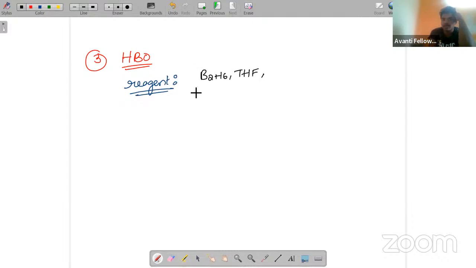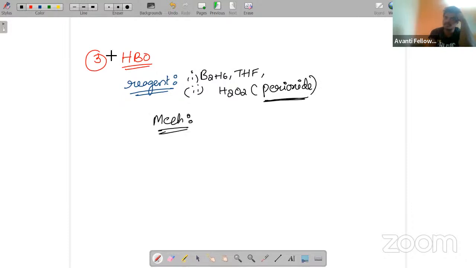Along with that, the second one will be H2O2, which we also call peroxide. So whenever there is a peroxide, what type of mechanism will take place? Peroxides are always used for the anti-Markovnikov's rule.